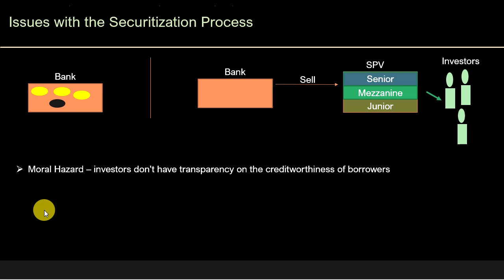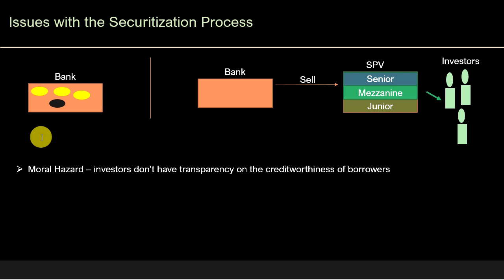So let's look at some of the issues with the securitization process, and also what we mean by a securitization process. Now, when we discussed collateralized debt obligations, we already discussed how a securitization process works.